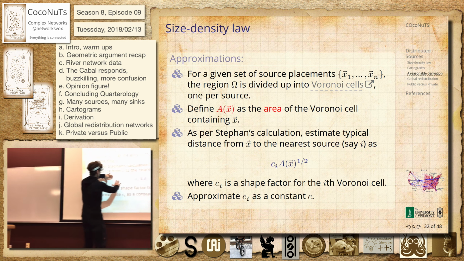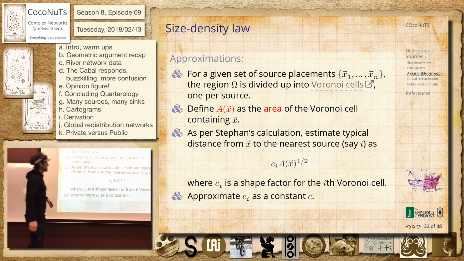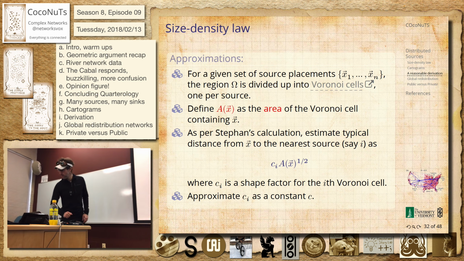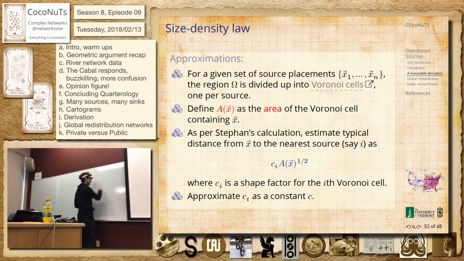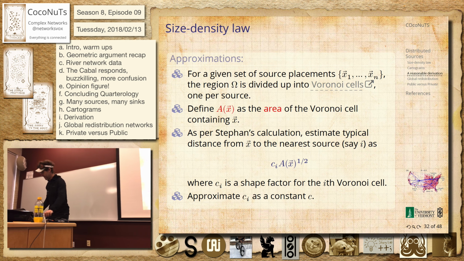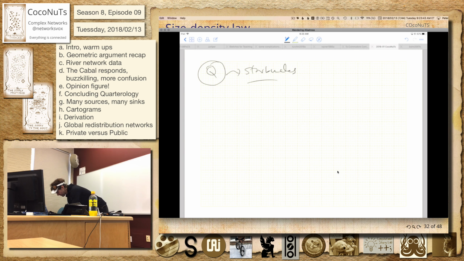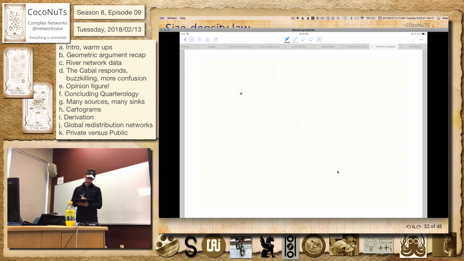So basically we're going to have a cell, we're going to have a facility in it, and then there's going to be some area for that cell. And we've made a Voronoi diagram as a result of putting down these facilities. We'll put boxes for facilities.